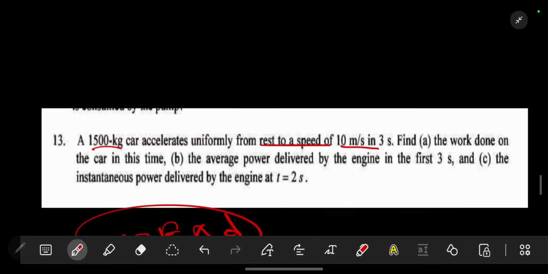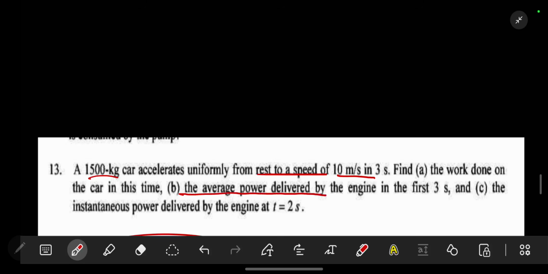If they want all the work done, that is the net work done, then we are told the average power delivered in 3 seconds. For average power, we don't use the force times the velocity. No, not for average work done, especially if the speed is changing.